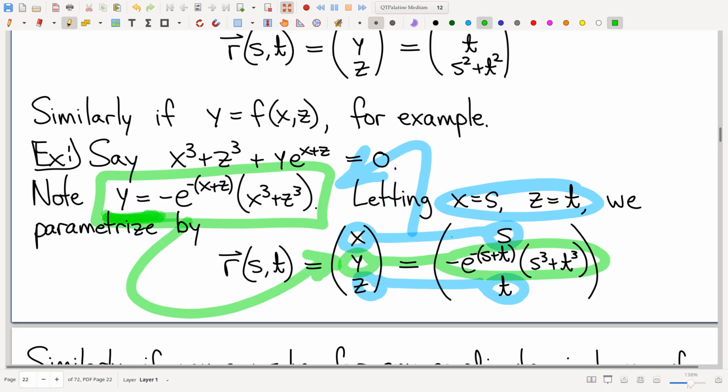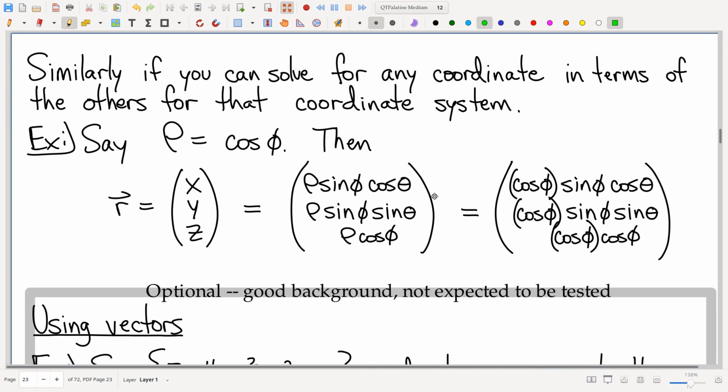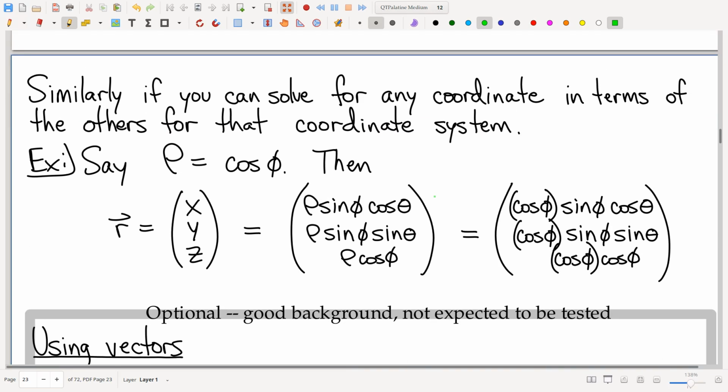Just follow the pattern. By the way, furthermore, it doesn't even have to be rectangular. It can be any variable in any coordinate system. Now, when you create a parameterization, typically we view a parameterization as being a rectangular position as functions of parameters.